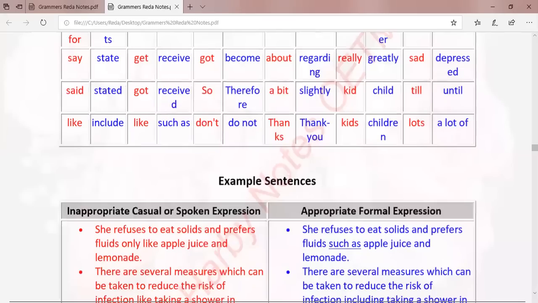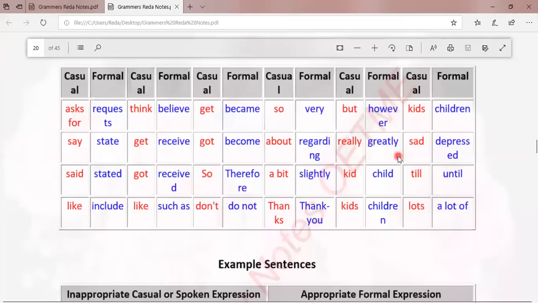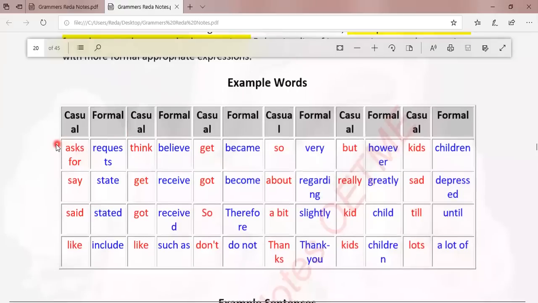So before writing, you have to know, okay, the formal and informal. This is casual and this is formal. Requires or request. Say, state that, I stated that.